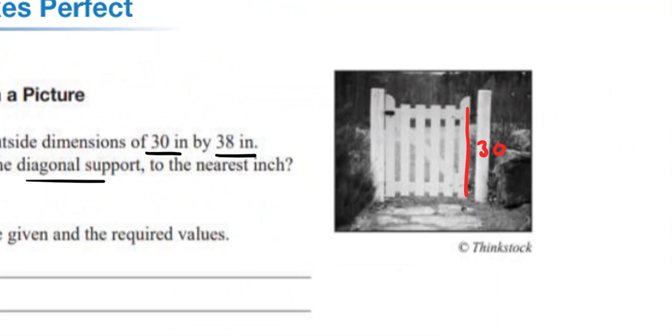So that one will be 30, because we're going to be looking for the hypotenuse, right? Now, it says the gate is 30 by 38, so the top part of the gate here is going to be 38. Like I said, that could have been the other way around too. It probably would be the other way, but we'll leave it like this now that we've drawn it.